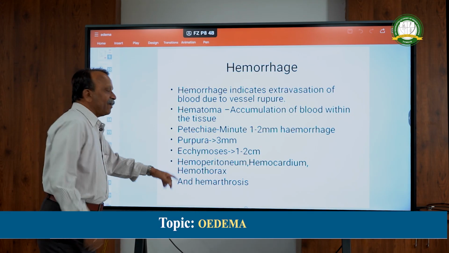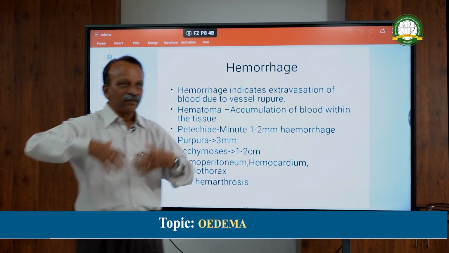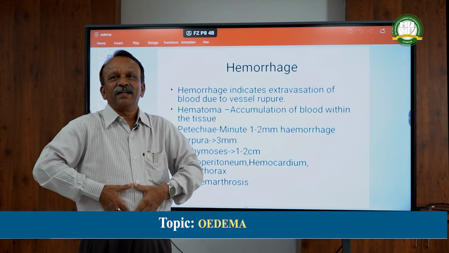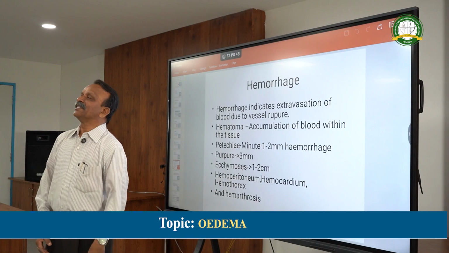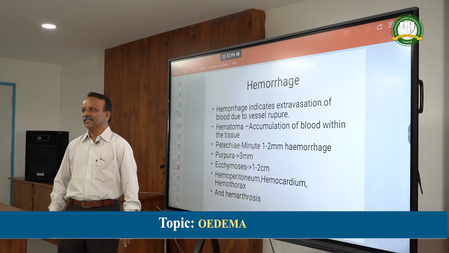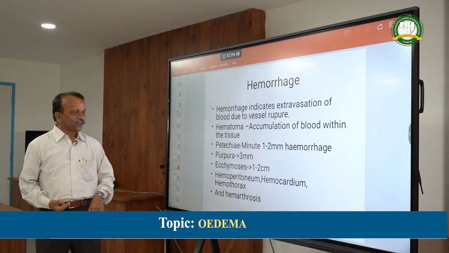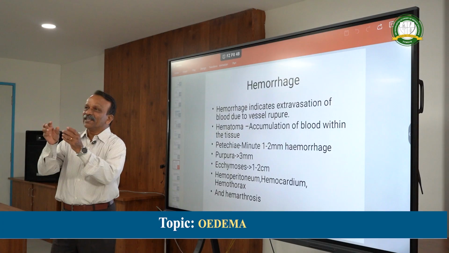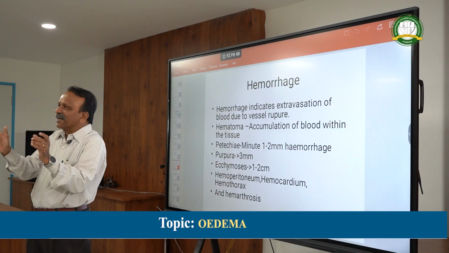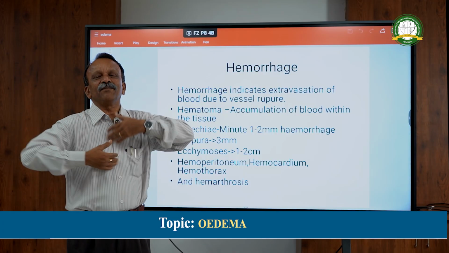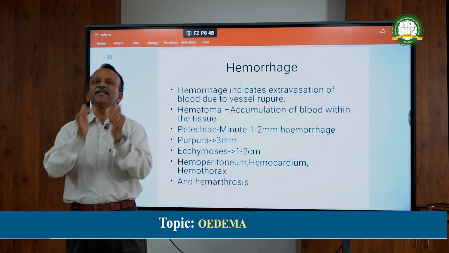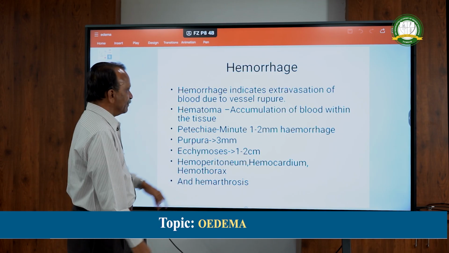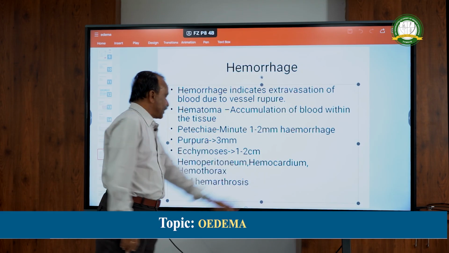And if there is a hemorrhage within the abdominal cavity, that is called hemoperitoneum. This is especially seen in cases of malignancy, that is cancer of the gastrointestinal tract. And if there is a rupture of the heart, then there will be collection of blood around the heart, between the parietal pericardium and visceral pericardium, that is called hemopericardium.